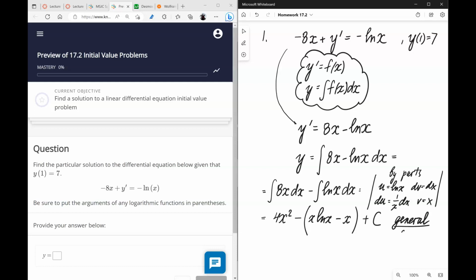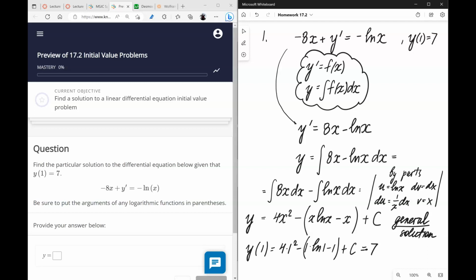To find the particular solution of the given initial value problem, that is to find the solution that satisfies the initial value condition, we have to find the value of c that makes y of 1 equal to 7.